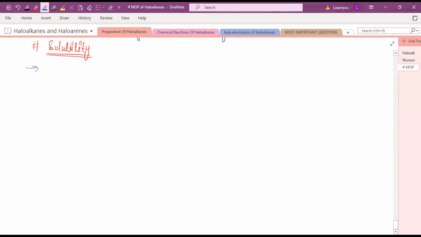But haloalkanes are soluble in low polarity organic solvents like ether and benzene, because the new intermolecular forces are much similar to those in the low polarity solvent. That's why they are miscible in organic liquids but not in water.